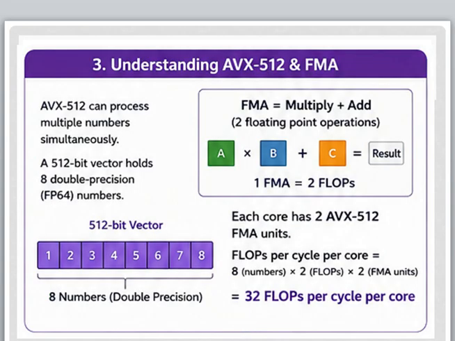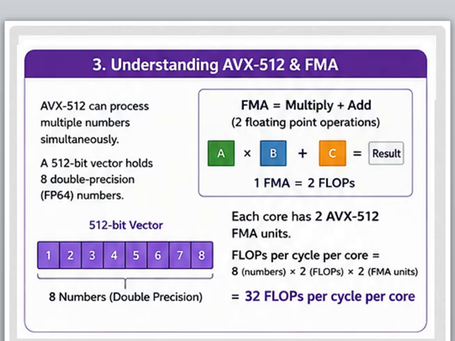Now comes the interesting part. Intel Xeon Gold supports AVX 512 instructions. What is AVX? AVX stands for Advanced Vector Extensions. Instead of processing one number at a time, AVX 512 processes multiple numbers simultaneously. A 512-bit vector can hold 8 double precision numbers.